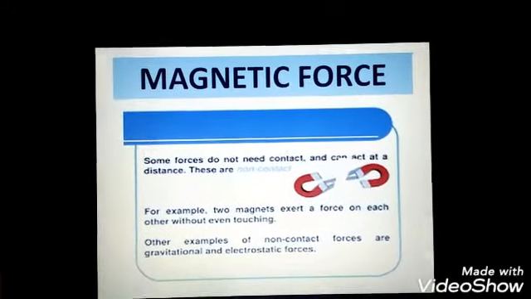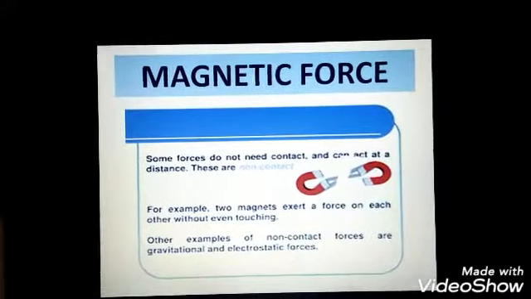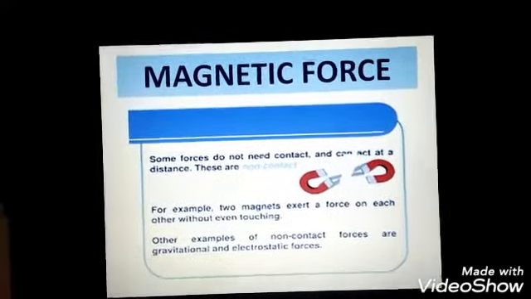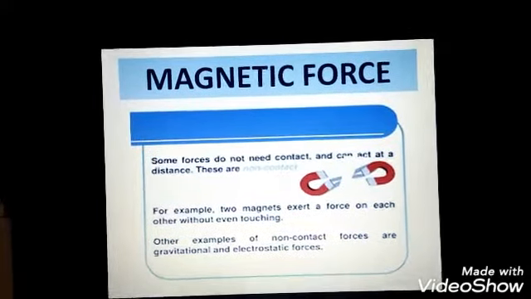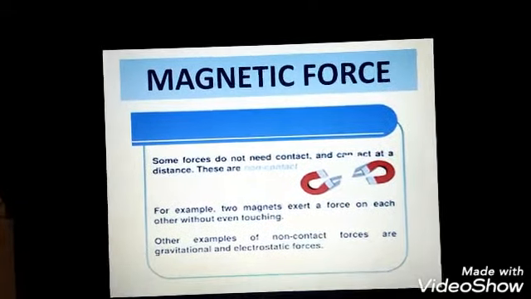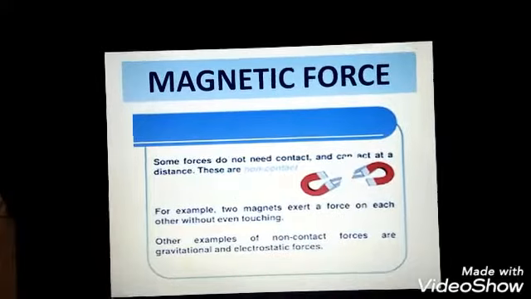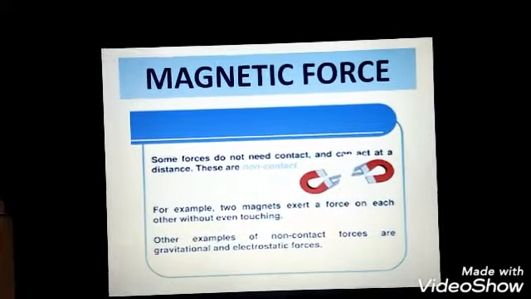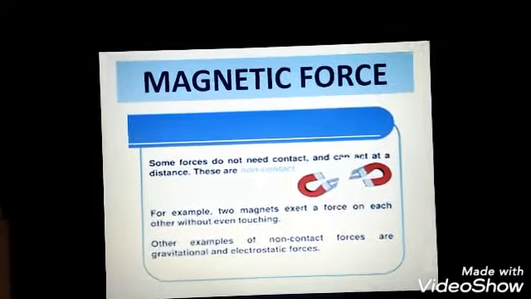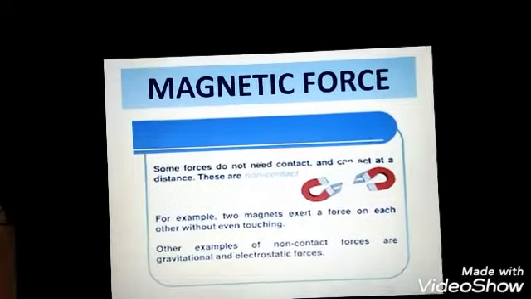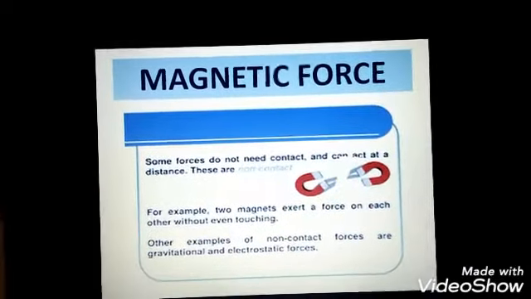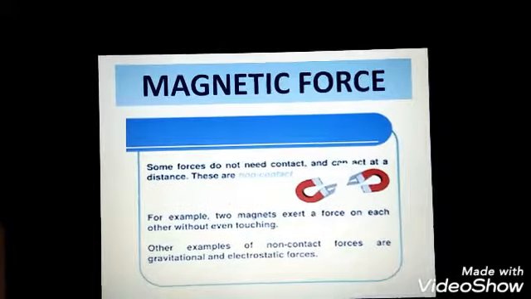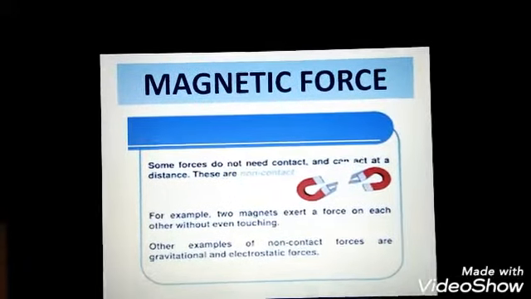So if you bring the north pole of a magnet towards the south pole of another magnet, there will be a force of pull and both will be attracted towards each other. But if you bring two like poles towards each other, like north and north or south and south, then they will repel. They will push each other apart. So magnets can cause the force of push or pull, both of them.